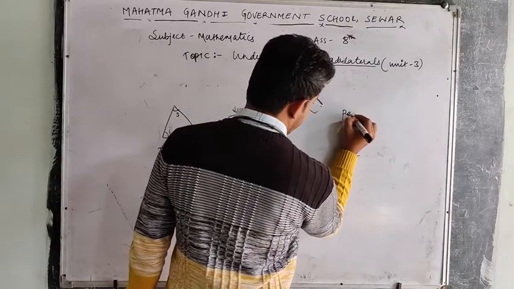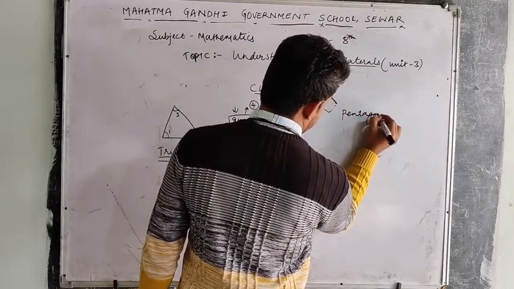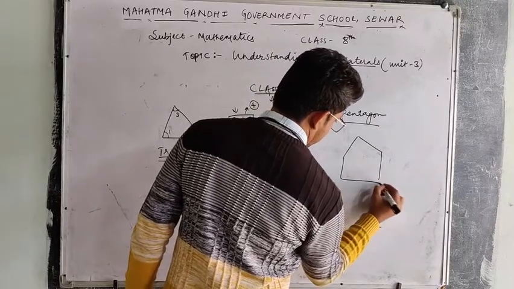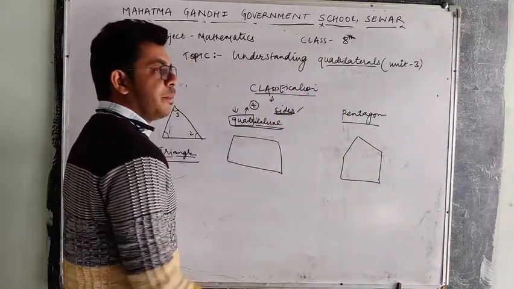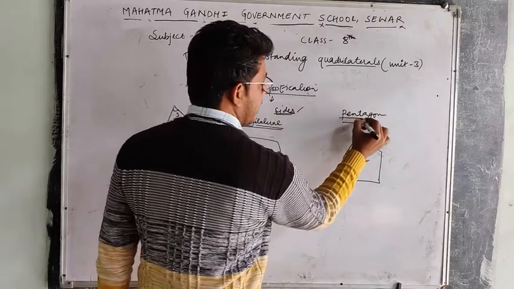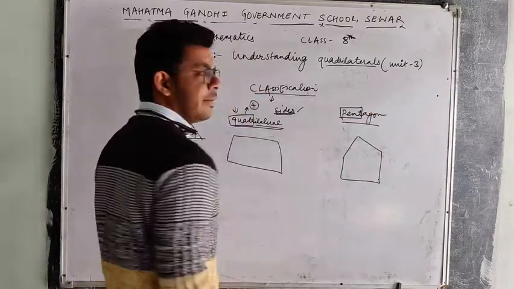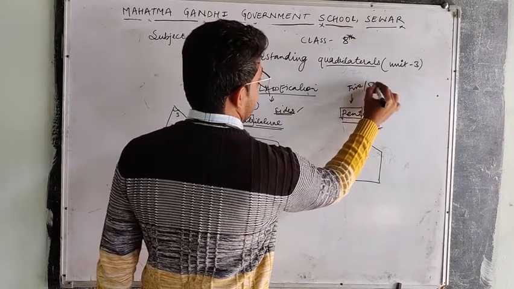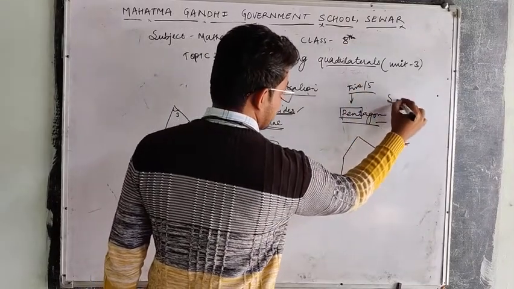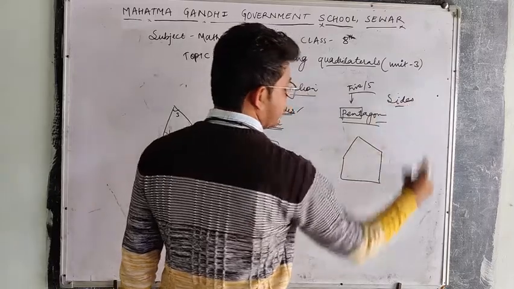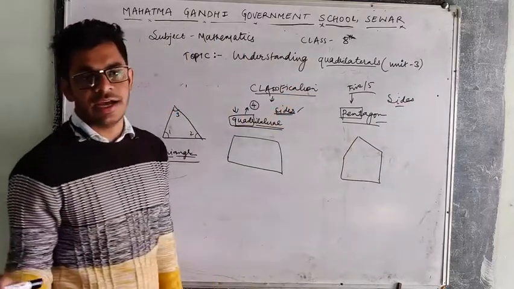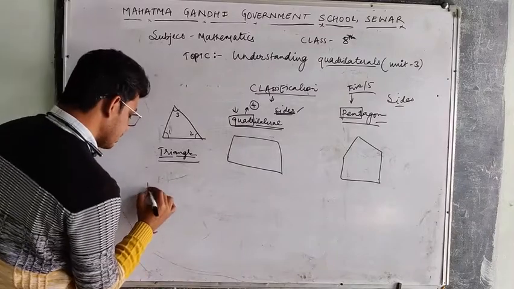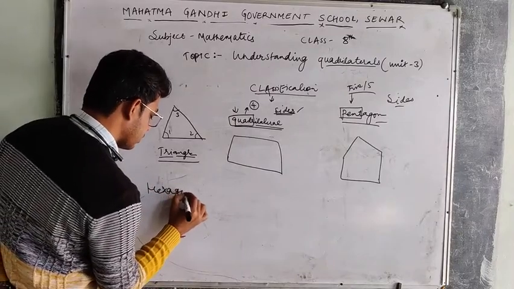Next is pentagon. As the name suggests, penta means five and gon means sides. Any structure which has five sides is called a pentagon. Next is hexagon.